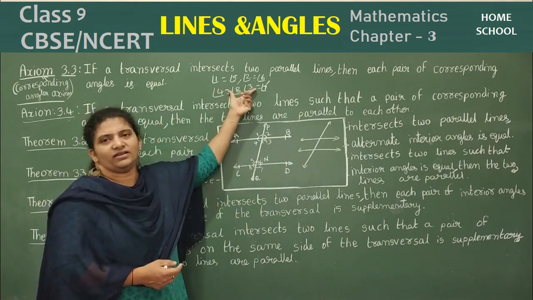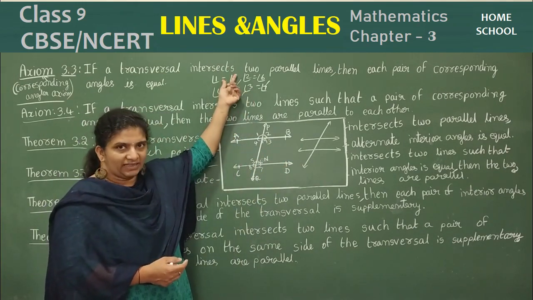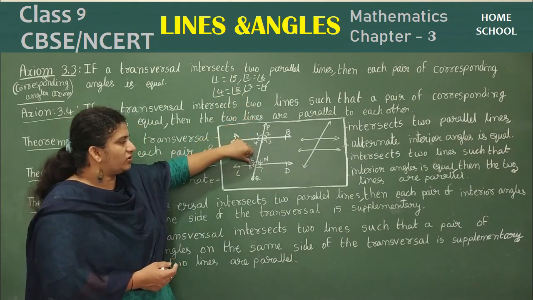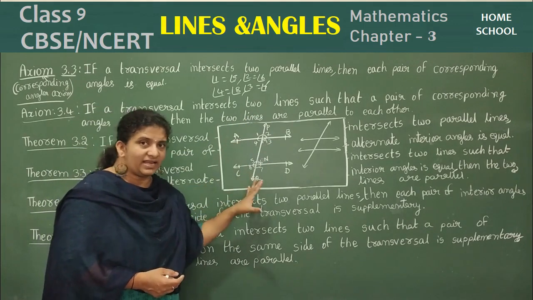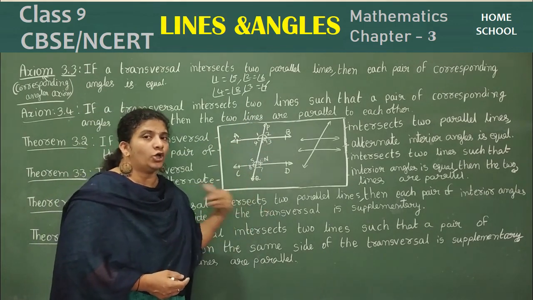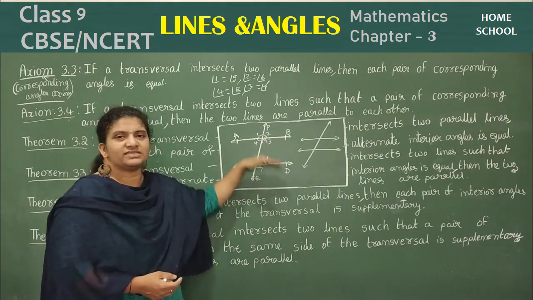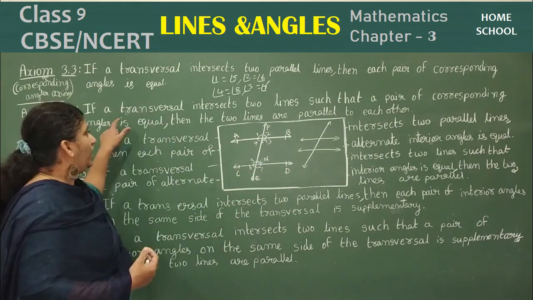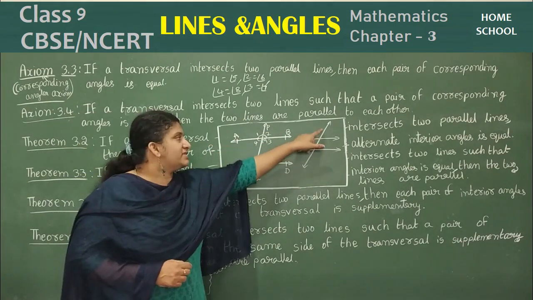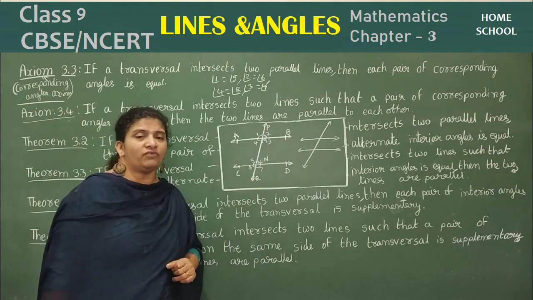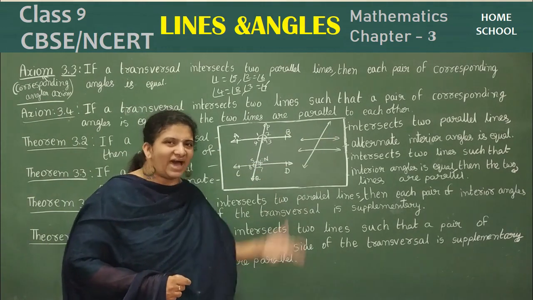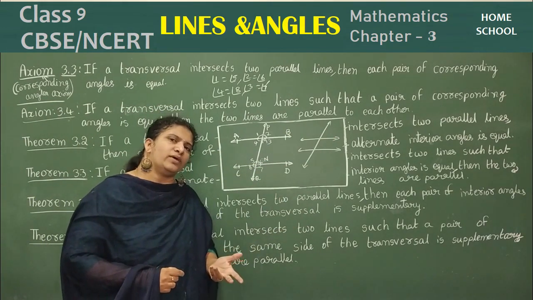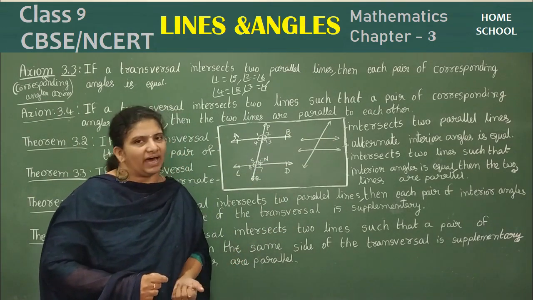So what do you say? By this, I can say if this angle is equal to this angle, and this angle is equal to this angle, then the corresponding angles are equal, and automatically these two lines are parallel. If a transversal intersects two lines such that a pair of corresponding angles are equal, then the two lines are parallel. If their angles are equal, the lines will be parallel.